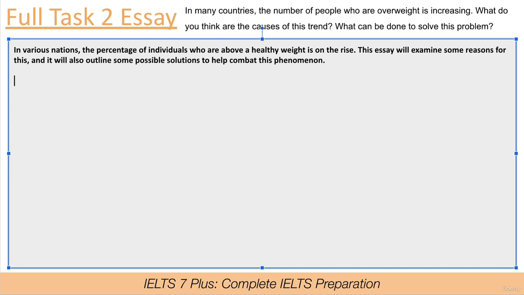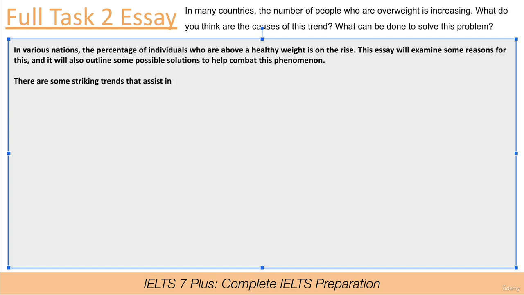So now we can go into our first main body paragraph, and we're going to look at the causes. Okay. Let's start off with a nice topic sentence. There are some striking trends that assist in the growing number of obese people.